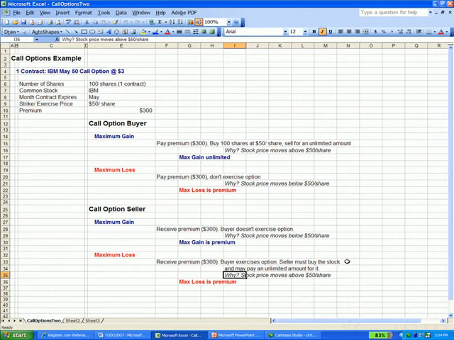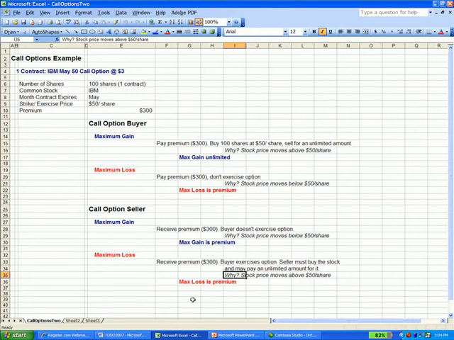And if stock prices can go up an unlimited amount, the amount the seller may have to pay for the stock on the open market may also be unlimited. So the stock price moves above 50, let's say it's at 70. The buyer calls up the seller and says, I'd like to exercise my option and buy at $50 a share. The seller has to go out and buy the stock, and let's say he has to pay 70, and he has a loss. Well, that stock price can go up an unlimited amount.